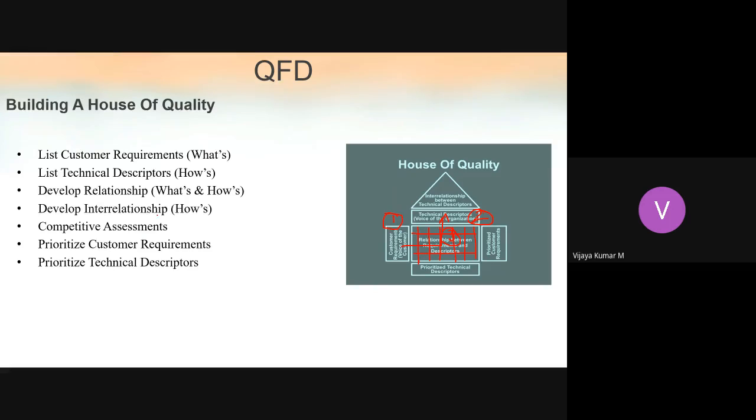Here, that is how I have to do the interrelationship. For example, I said 1, 2, 3, 4, 5, 6.